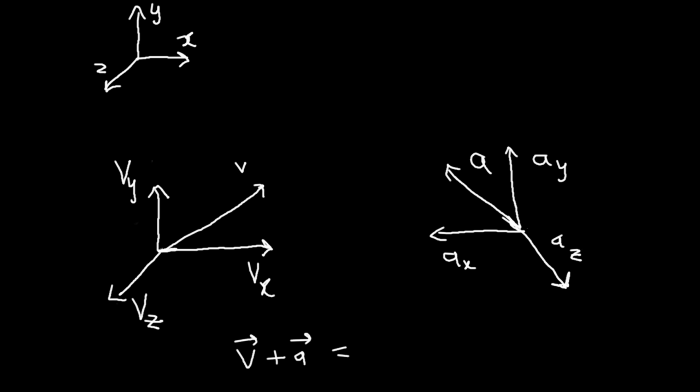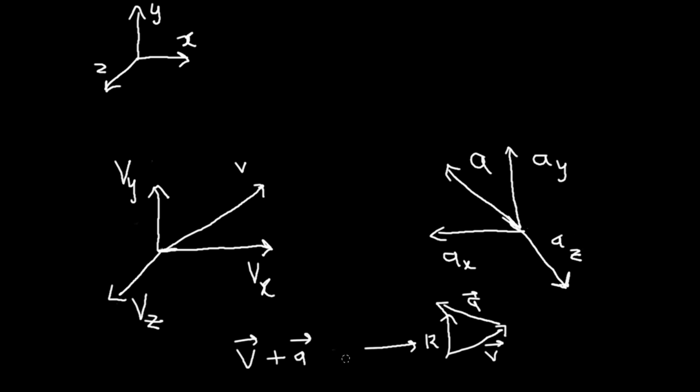Then you may say, let's take the vector v like this, and vector a in this direction, and just draw a line like this. This should be the resultant vector, which is equal to vector v plus vector a, as we solved in the previous case. It is the triangular law of vector addition. Yeah, it's a very nice observation, but it is very complex. It is very messy, and you cannot draw these diagrams every time.